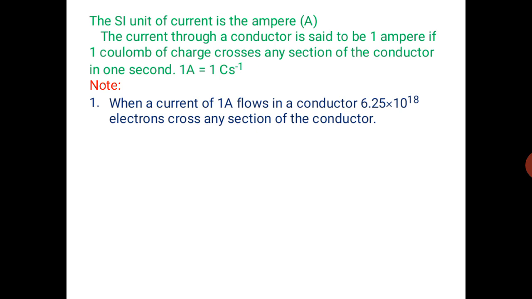Then 1 coulomb of charge flowing in 1 second means 6.25 into 10 raised to 18 electrons are crossing any section of the conductor. And one more thing, current is a scalar quantity, but it has direction, only 2 directions along the conducting path. But it is a scalar quantity, remember.